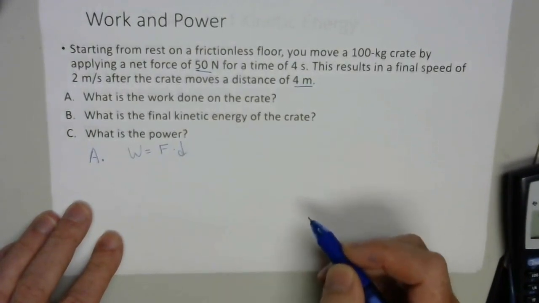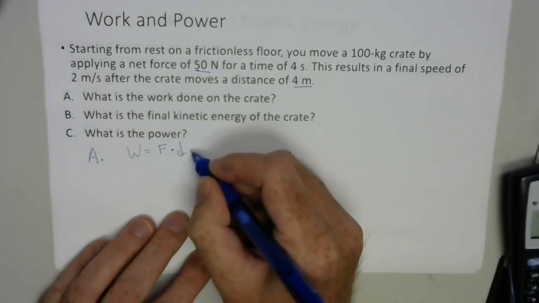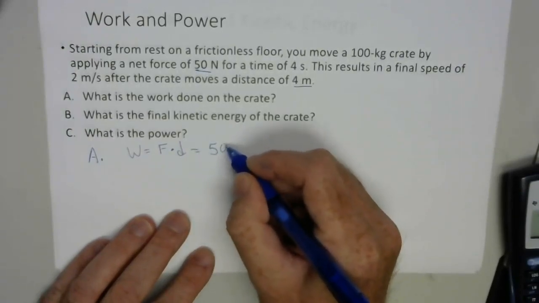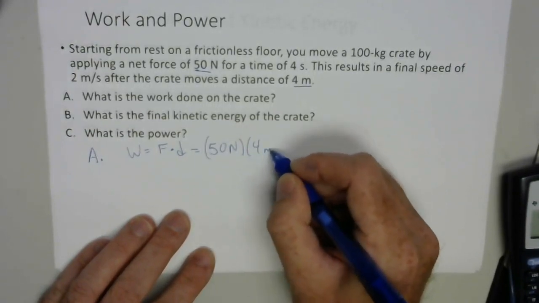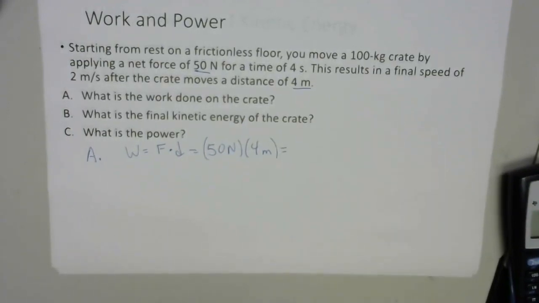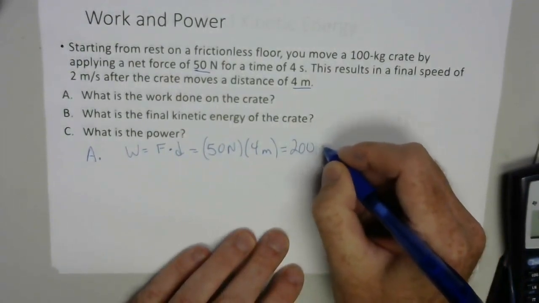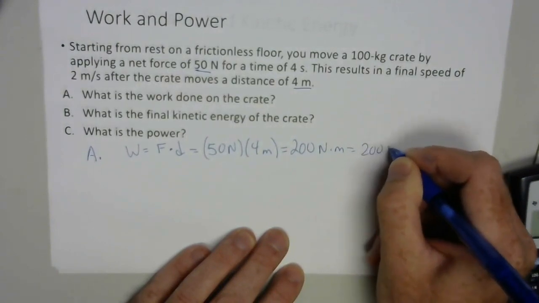We'll assume all that force is applied horizontally now instead of at an angle. So we've got 50 newtons moving 4 meters, so 50 times 4 would be 200 newton meters, or 200 joules.